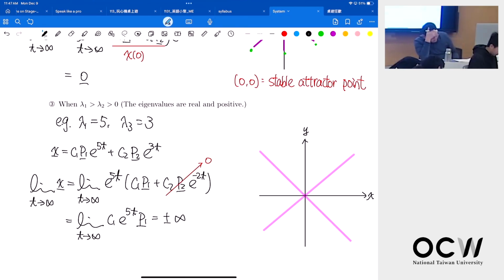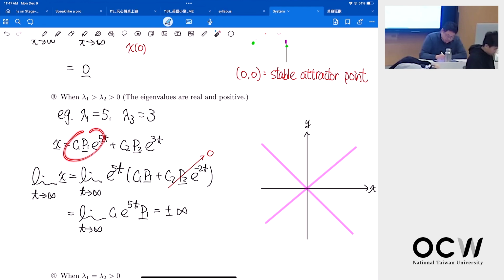They will go to infinity. We need to consider the two terms separately. This goes to 0, and for p1, this vector, they still go to infinity.